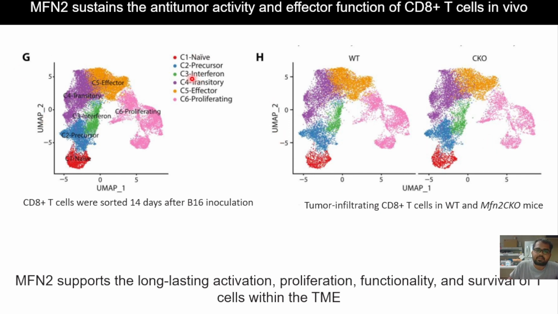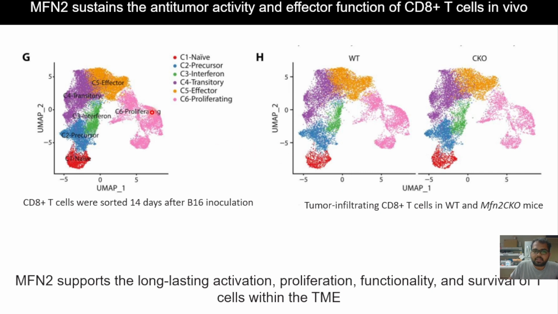So, for example, if you see C5, which is in yellow, it is decreasing in knockout compared to wild type. Similarly, naive cells are increasing in knockout mice compared to wild type mice.